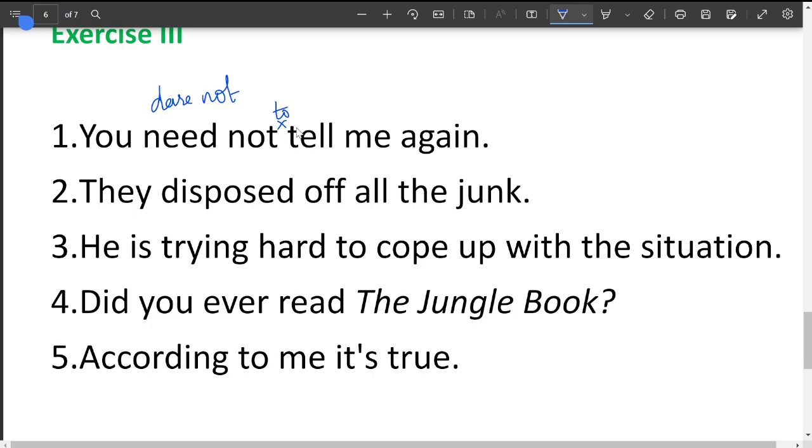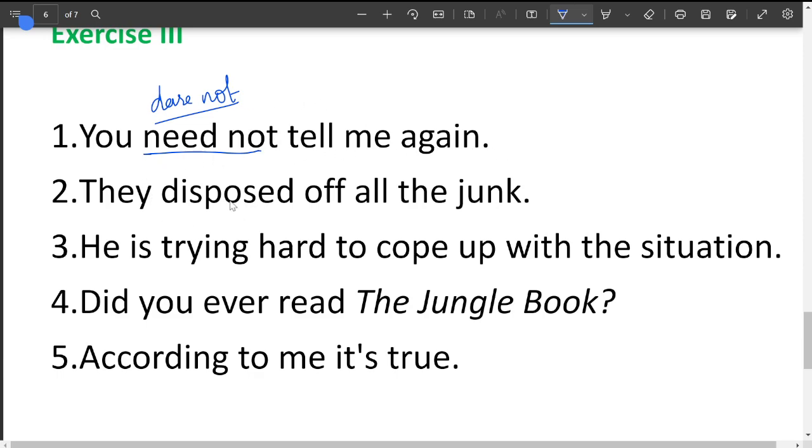Actually, "to" is wrong. I have directly given the answer as a sentence. "You need not to tell me" was a sentence actually. Remember, when you come across need not, dare not, they are not followed by "to." You cannot use "to" along with them. This statement is in your textbook. So just remove "to," that is your answer. Need not, dare not, tell me again.